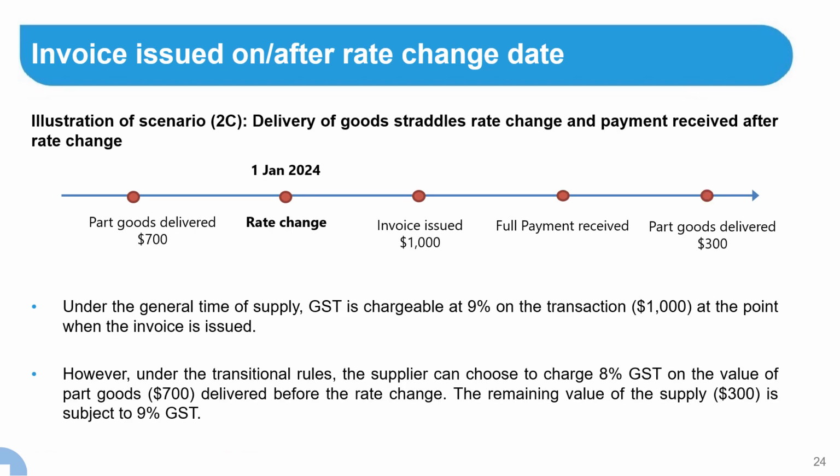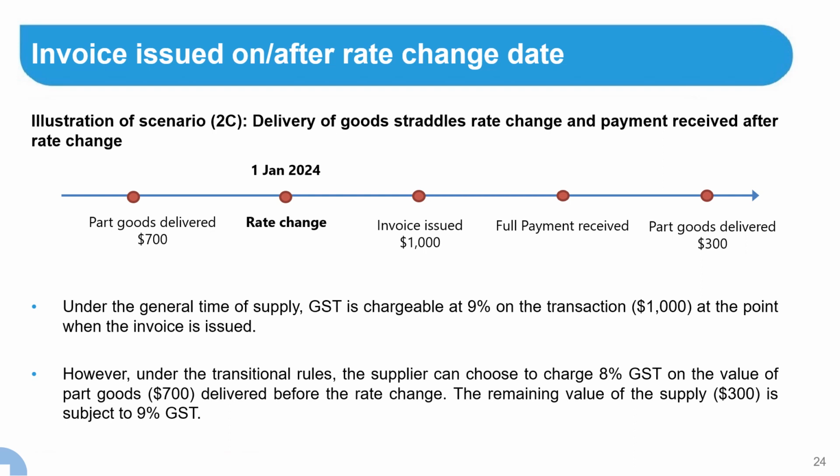This third example illustrates scenario 2C, where part of the goods are delivered before the rate change date and remaining goods are delivered after the rate change date, while the invoice is issued and full payment received after the rate change date. According to the general rule, the time of supply for the transaction is triggered after the rate change date, and hence GST shall be charged at 9%.